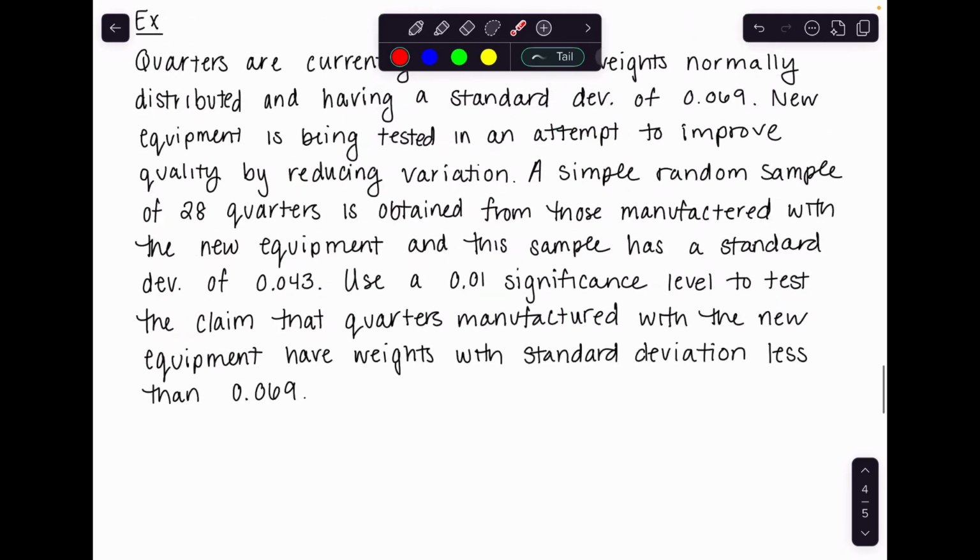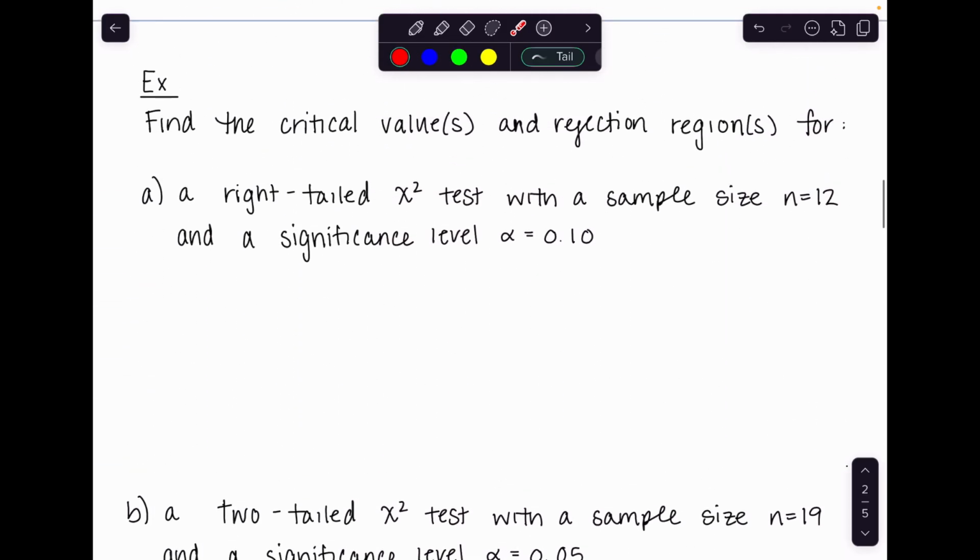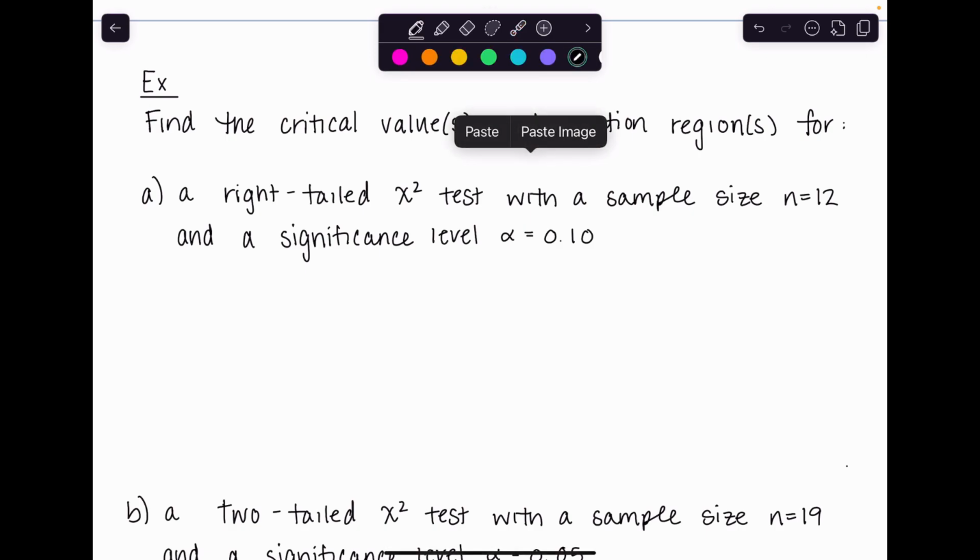Before we even try some examples going through and doing hypothesis testing, we're just going to find critical values and rejection regions for these different cases. This first one, we have a right-tailed chi-squared test, a sample size of n equals 12, and a significance level of alpha being 10%. I always like to draw a picture of these.